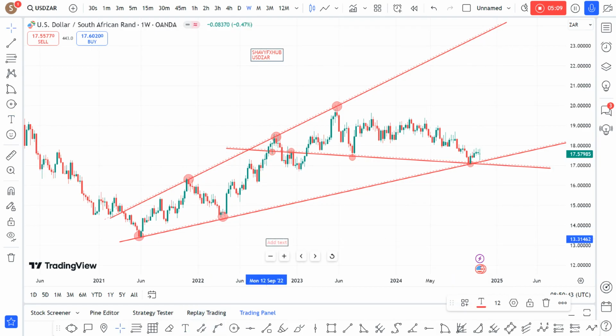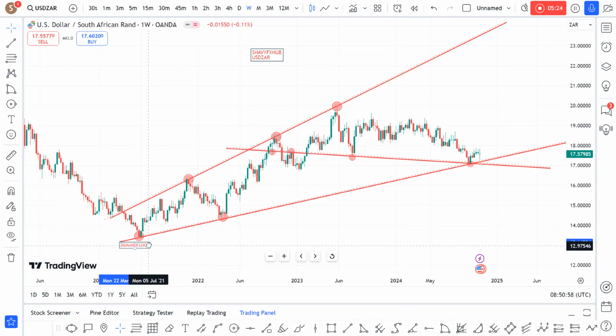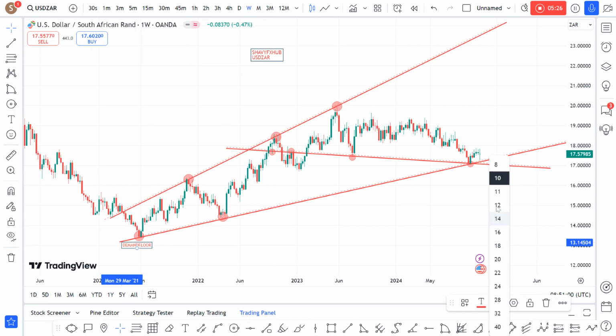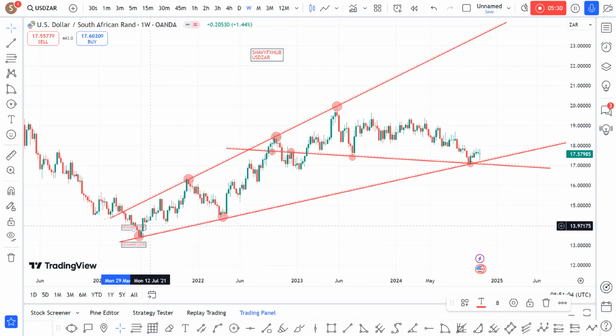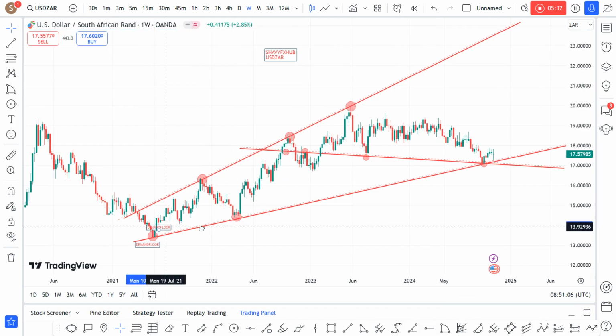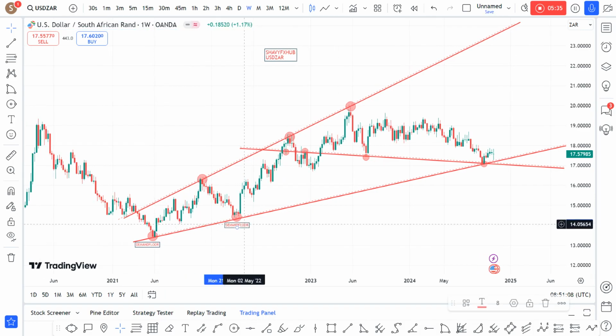So USD is going up. It's our demand floor.